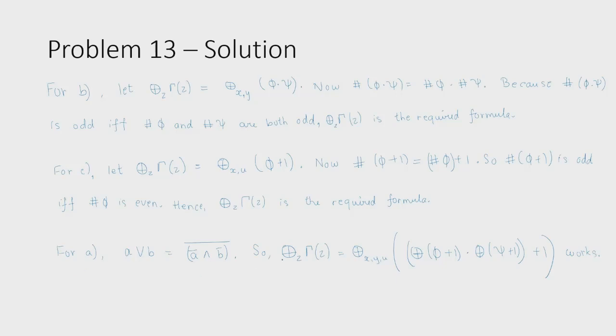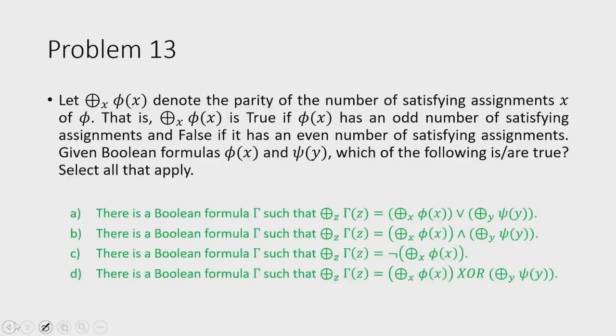Let's observe what we did over here. We used this identity and the constructions that we had for and and not to construct a formula for or. Now, any Boolean function can be expressed as a combination of ands and nots.